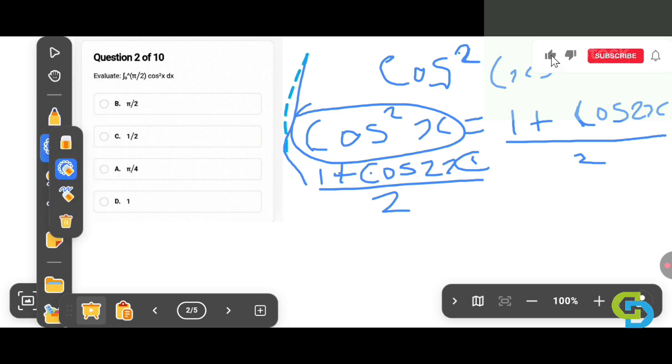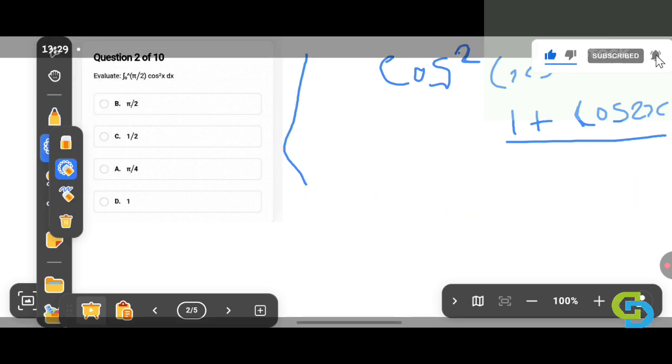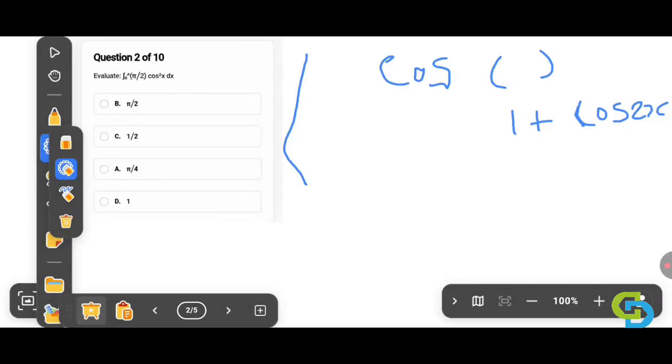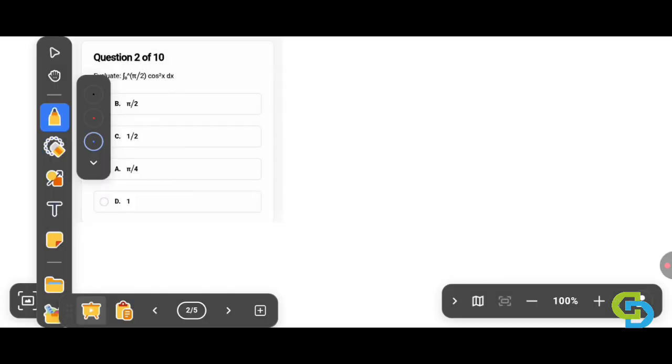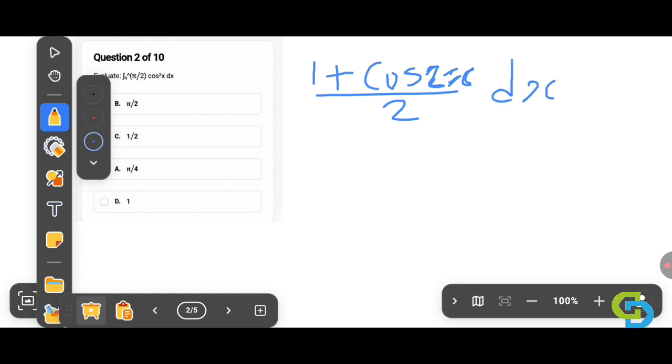So let's continue. We're going to start with breaking this cos square x down. Remember we said this cos square x will now become 1 plus cos 2x all over 2, dx.